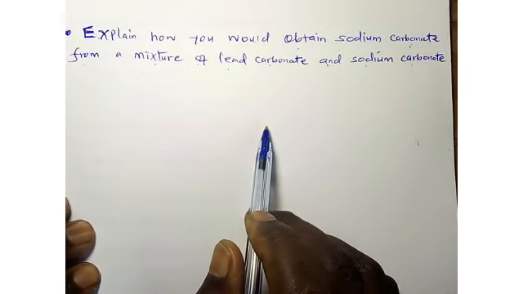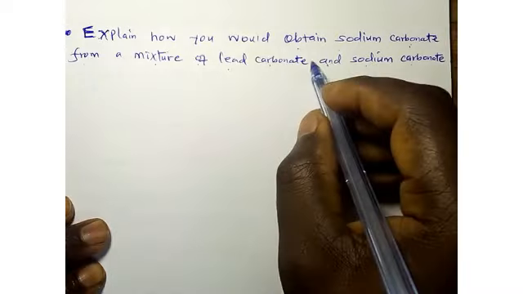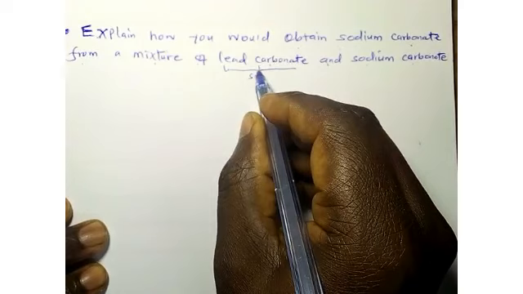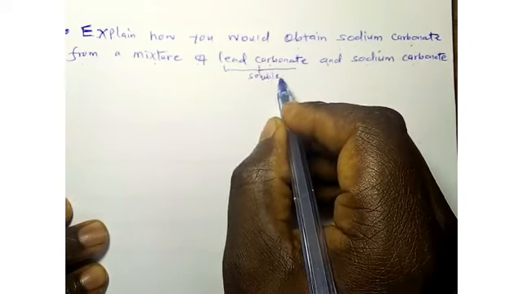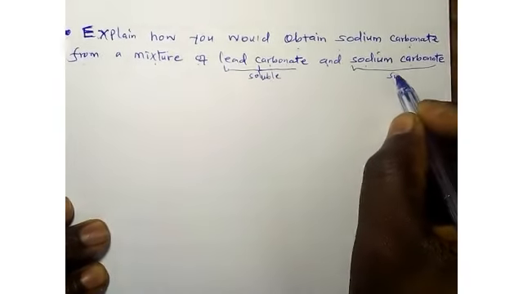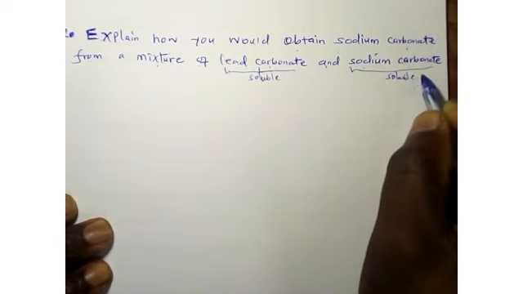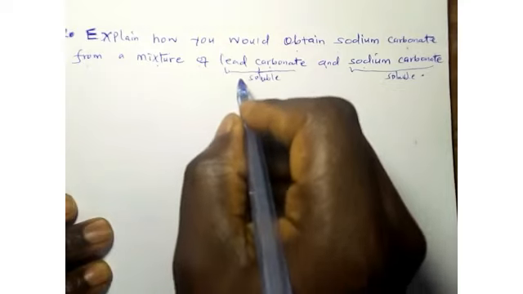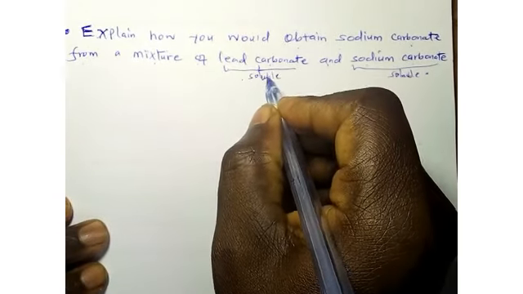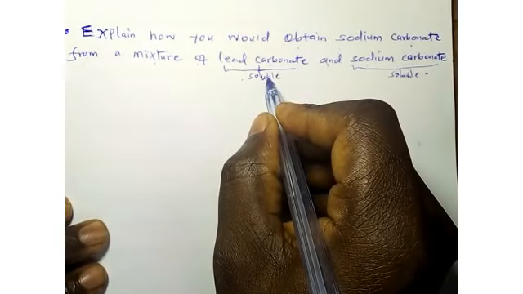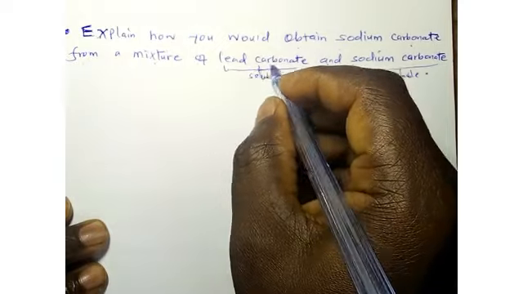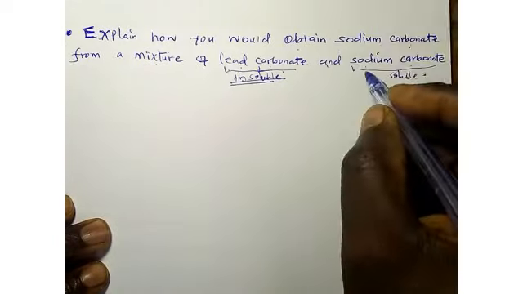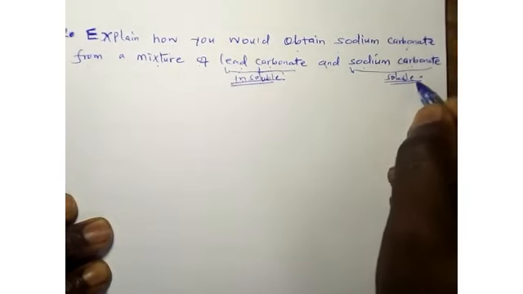The first question you should ask yourself is whether it is soluble in water or not. We know that all carbonates are insoluble, except those of potassium, sodium, and ammonium. So lead carbonate is insoluble. Sodium carbonate is soluble in water.